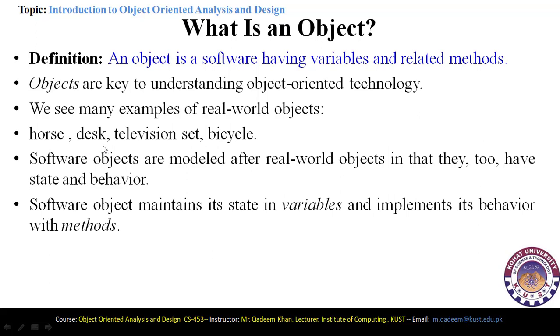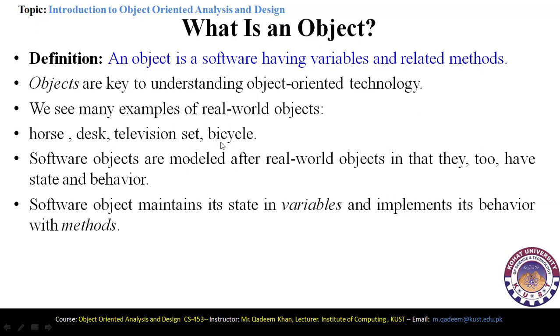Similarly, disk is also an object. Television set is also an object in our houses, and similarly the bicycle is also an object because bicycle has variables. For example, the color of the bicycle, the size of the bicycle, number of wheels in the bicycle, etc.